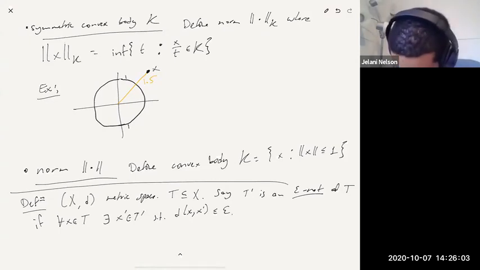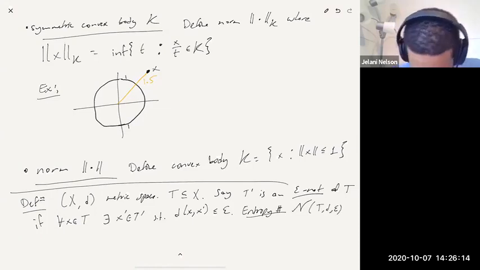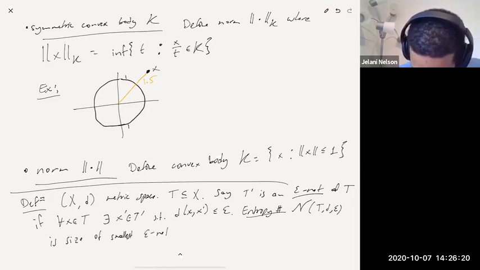And then there's the so-called entropy number, N(T, D, epsilon), which is the size of the smallest epsilon net of T under metric D.